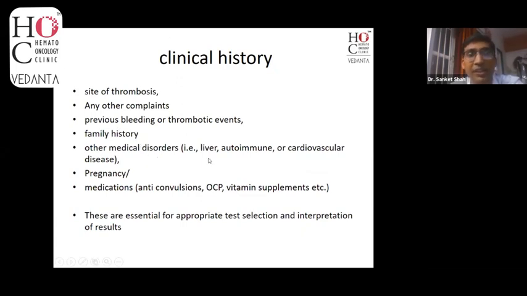Other medical disorders: liver disorder, autoimmune disorder, cardiovascular disease. Pregnancy, any pregnancy-related complications. Infertility is also important in the case of a female. History of any medications: not only anticoagulants, but anticonvulsants, OC pills, HRTs, or even herbal medications you need to take into consideration.